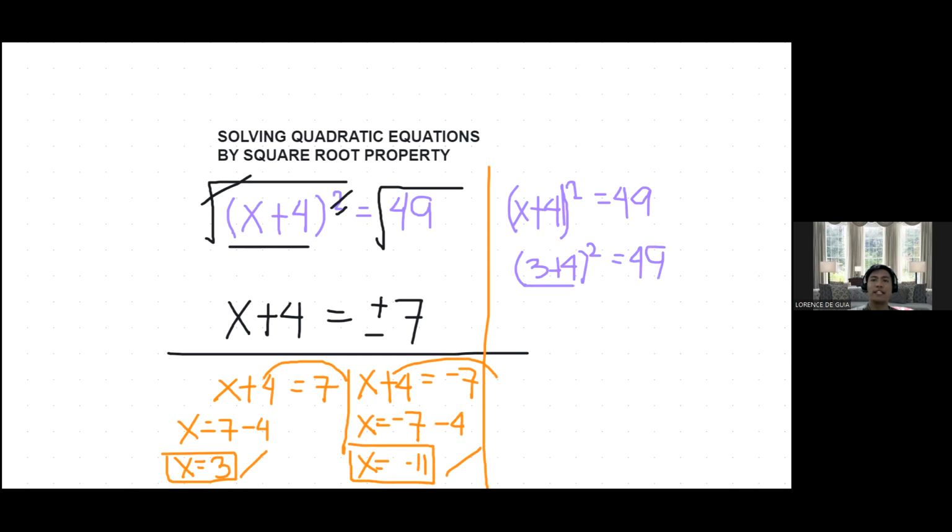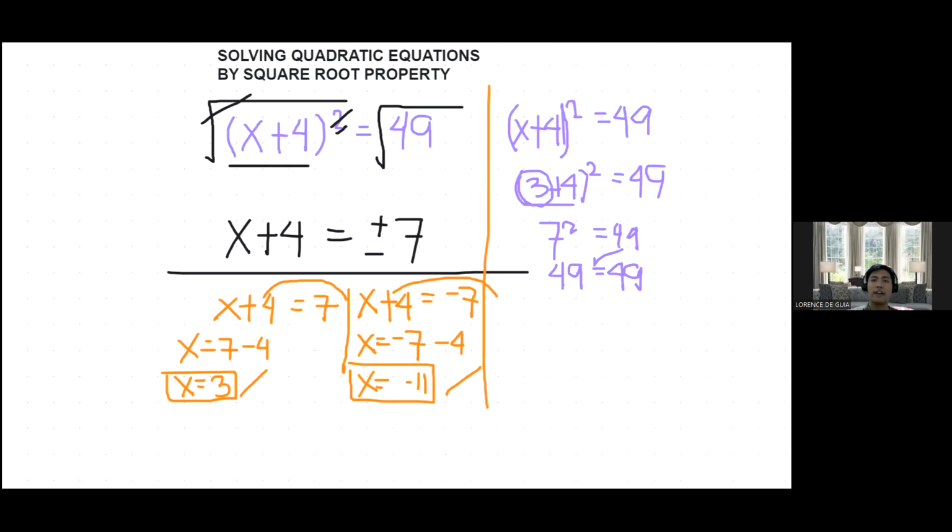So 3 plus 4, that is 7, squared equals 49. And we know that 7 squared is 7 times 7, which is equal to 49, making both sides of the equation equal. Therefore, x equals 3 satisfies the equation.